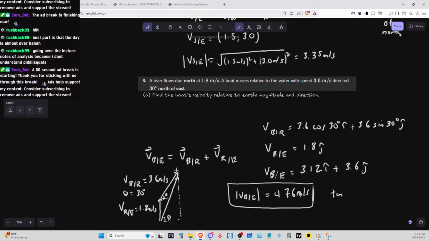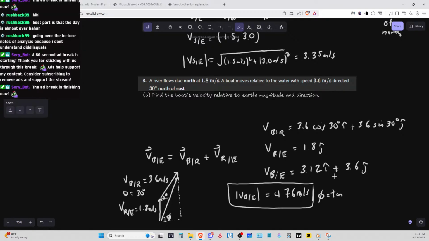So it will be the x component and the y component. So I think we can do that. So we'll call this phi, and we'll try this and see what we get.